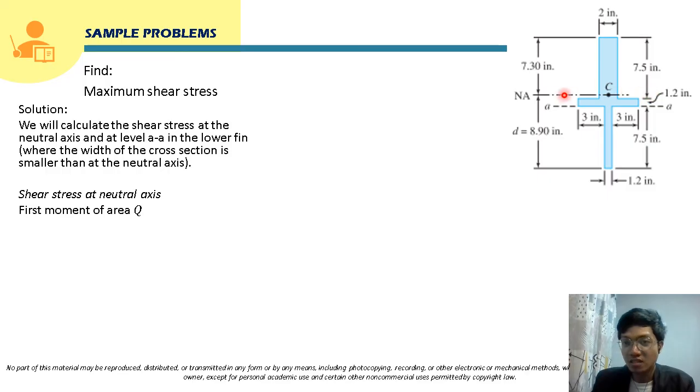So the neutral axis is here. So we are now going to proceed in solving the first moment of area Q. So, class, for the first moment of area Q, yung A prime natin will be the area above the neutral axis, since ito yung point na ina-analyze natin. So, yung shear stress dito. So, yung area na i-consider natin is ito.